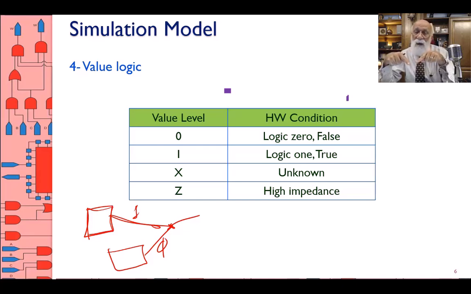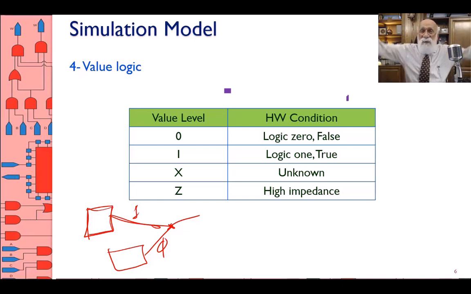And if I drive a line with a 0 and a 1, something else is going to happen. It's not going to be 0. It's not going to be 1. It's going to be something bad. Because I'm driving a certain line with supply voltage coming from the supply and also connecting it to ground, which is 0. How do I represent this?